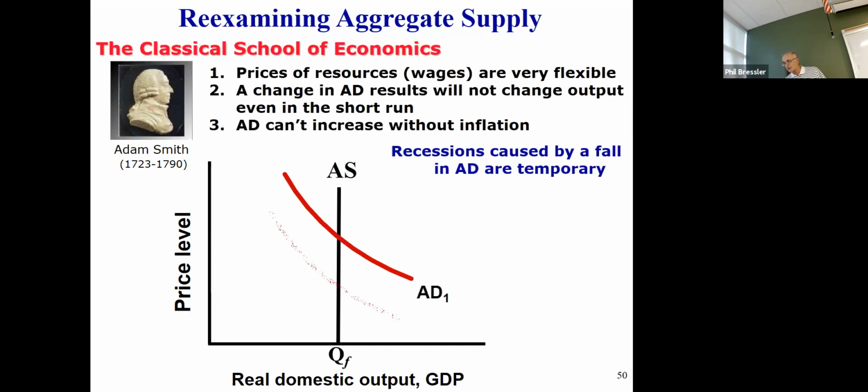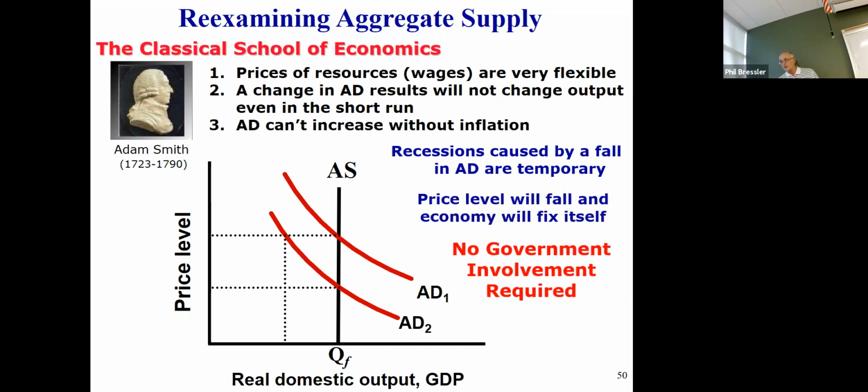When aggregate demand shifts down, price levels go down, so that's going to give people incentive to buy more, and the economy will fix itself. So the big thing with the classical is they don't believe in government intervention. So it's the kind of perfectly vertical line and no government intervention because they think wages are flexible.